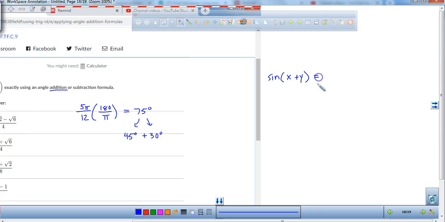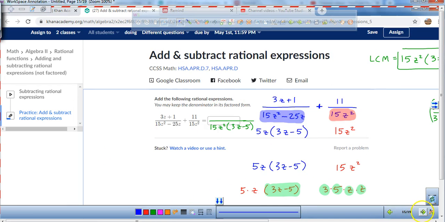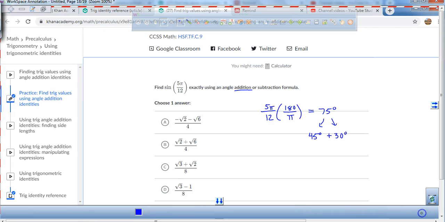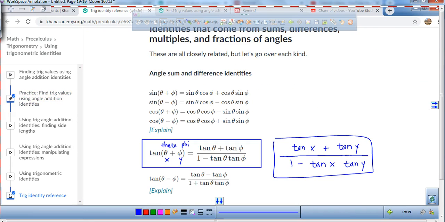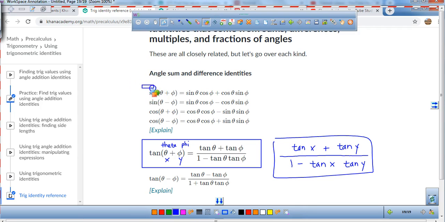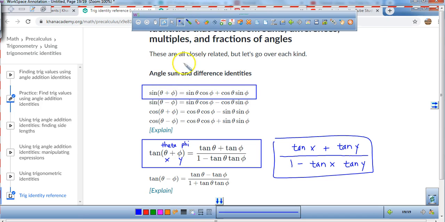And the formula for the sine of x plus y, if I go back a couple, nope, sorry, wrong one. Here we go. So we're going to use this formula right here. Except I'm going to use x and y instead of theta and phi. So the sine of x and the cosine of y.